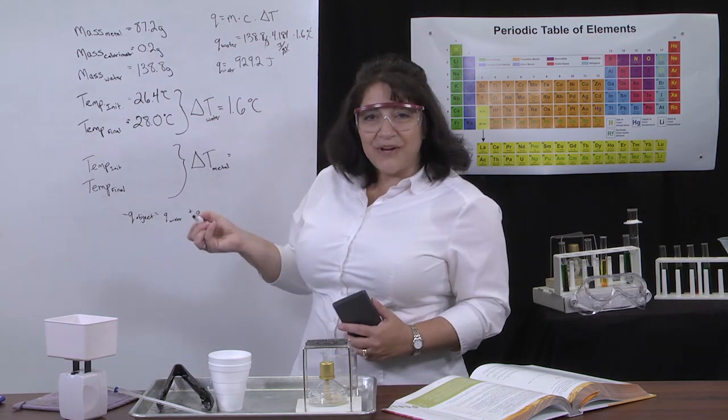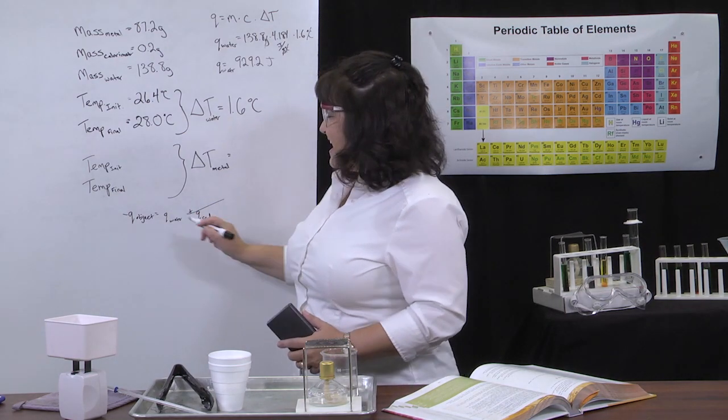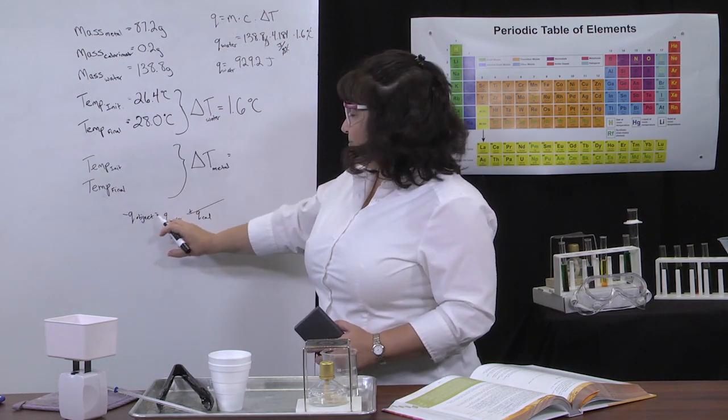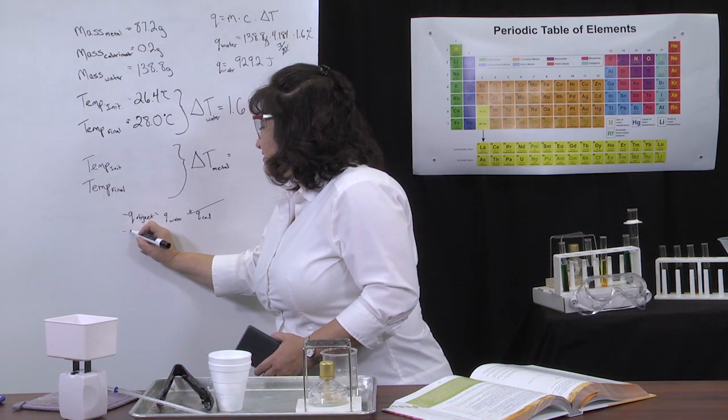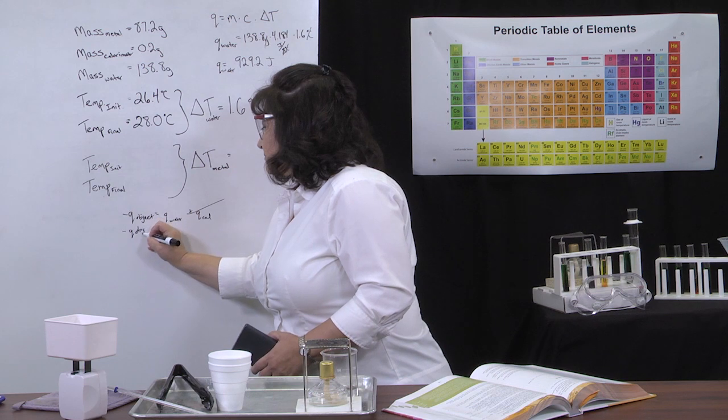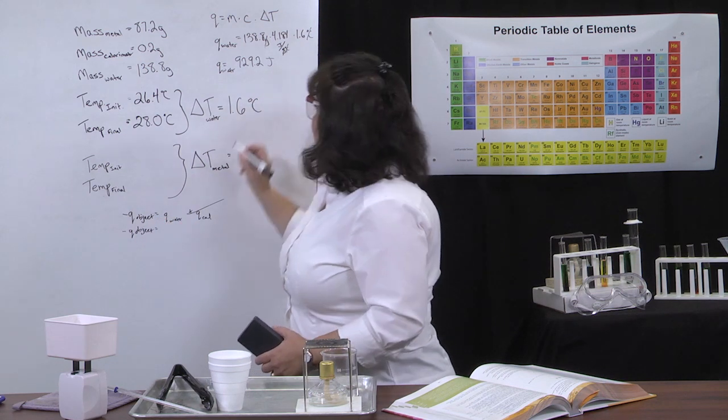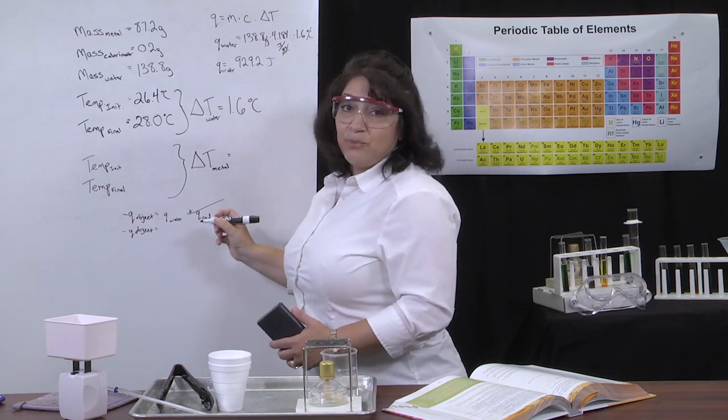In this case, we're ignoring the calorimeter, so we're basically saying the negative Q of the object is the Q of the water. So what we have is negative Q of the object equals 929.2 joules.